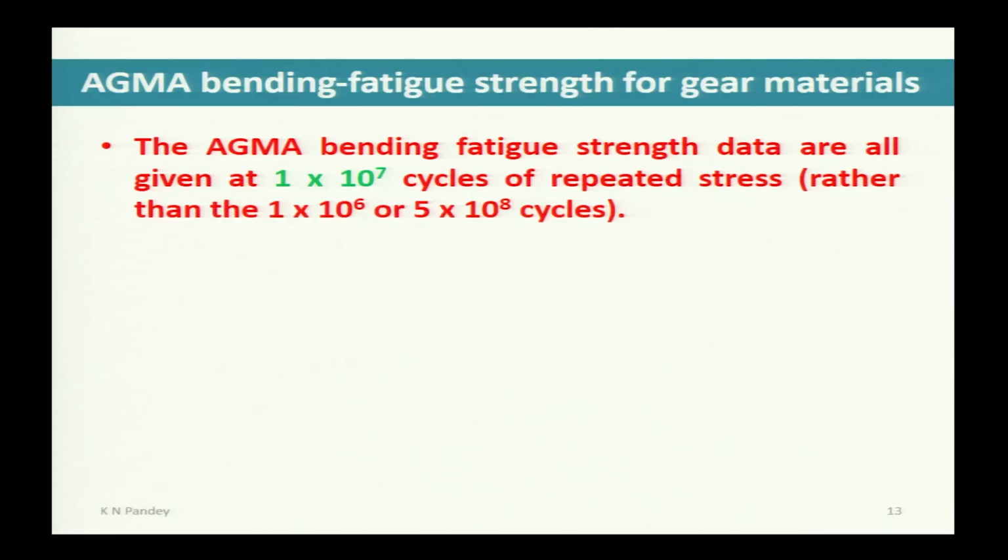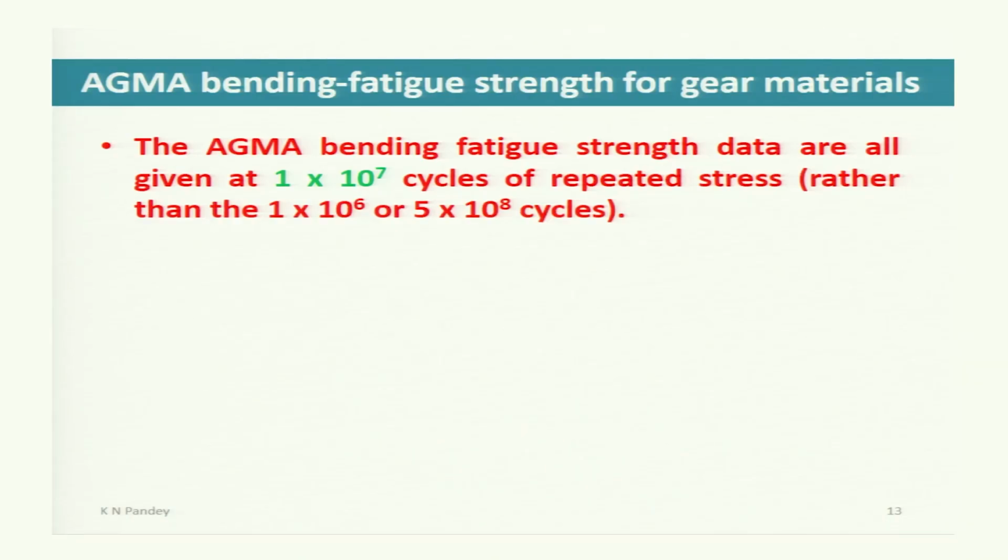Now, the AGMA bending fatigue strength data, the data given by AGMA, the American Gear Manufacturers Association, for fatigue strength are all given at 1 into 10 to the power 7 number of cycles of repeated stress rather than 1 into 10 to the power 6 or 5 into 10 to the power 8, because we know that the endurance limit for ferrous material will have a knee.